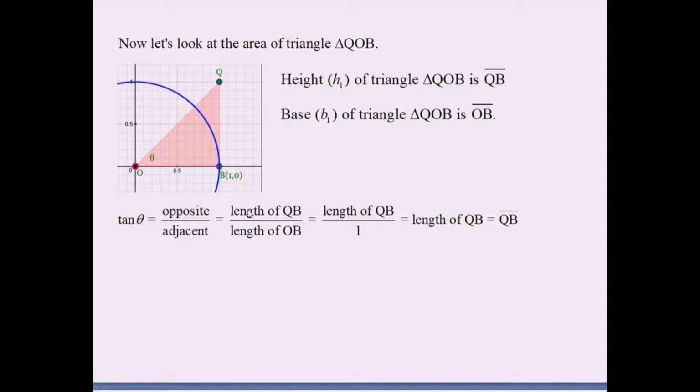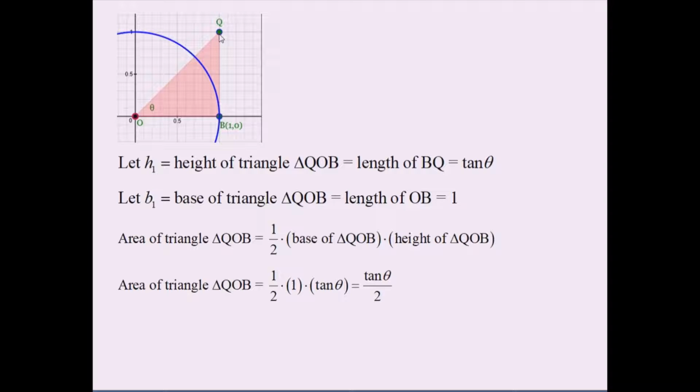The opposite is the length of QB and the adjacent side is the length of OB. And notice that OB is 1 since we have a unit circle. So we have the length of QB divided by 1, which is just the length of QB. And therefore the tangent of theta is the length of QB, or QB is the same as tangent of theta.